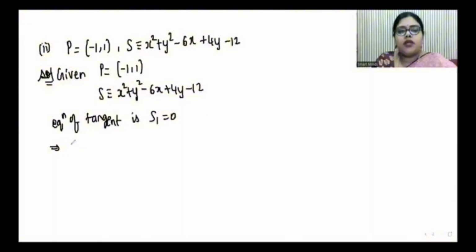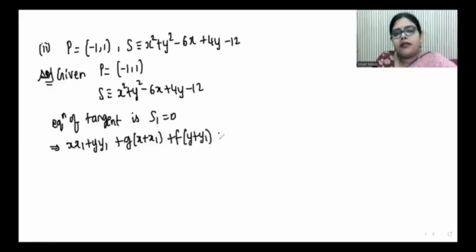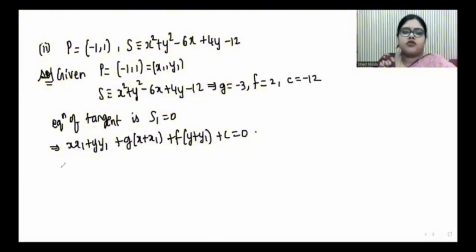What do you mean by S1? xx1 + yy1 + g(x + x1) + f(y + y1) + c = 0. Now from the point we will get x1, y1 and from the circle we will get g, f, c. g is half of the coefficient of x, that is -3. f is half of the coefficient of y, that is 2. And c is the constant, that is -12.